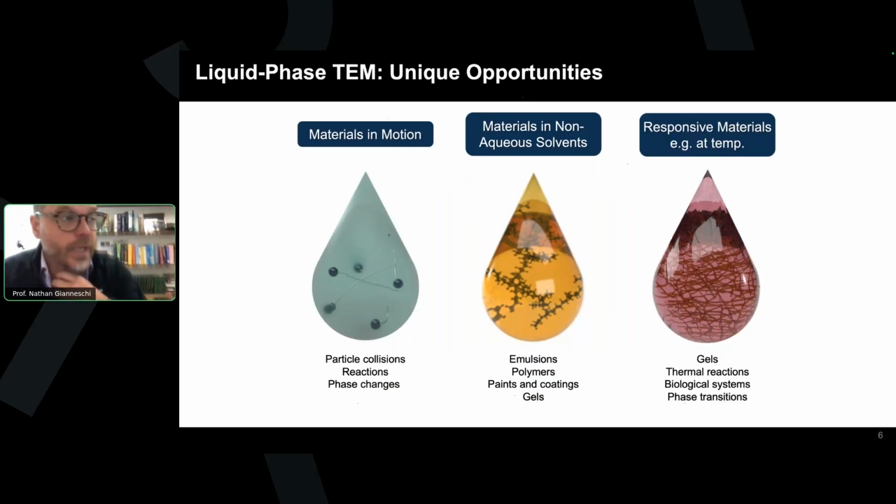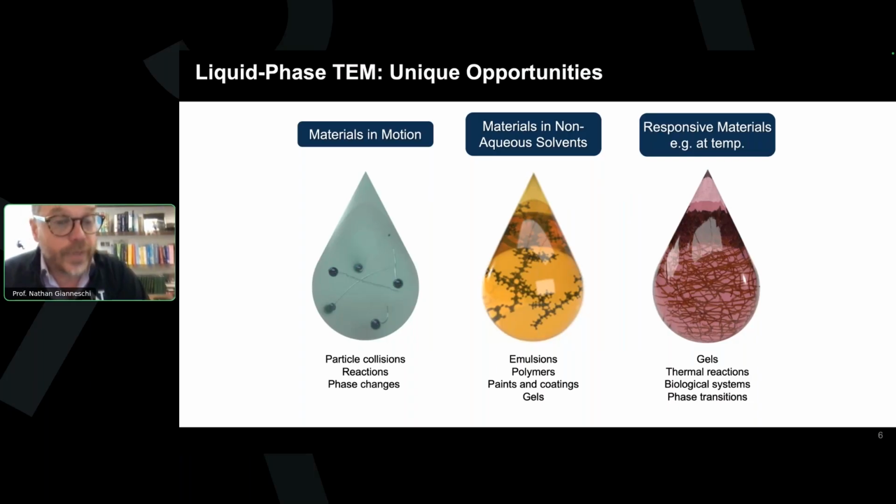And as I said at the top, we're interested in a whole array of systems for which there might be unique opportunities by liquid phase transmission electron microscopy. And if not unique, perhaps liquid phase TEM could be better suited to capturing these kinds of properties of materials compared to other kinds of methods. One would be simply materials in motion, diffusing species.